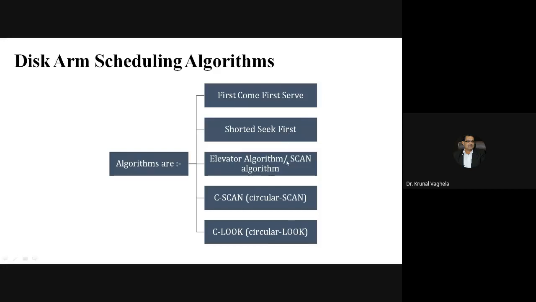Then the elevator algorithm, whose second name is the SCAN algorithm, and we will see two variants of SCAN: C-SCAN, which is circular scan, and C-LOOK, which is circular look. Today we will learn at least three to four algorithms, and we can complete the rest on Thursday. So let's start. When you understand the first algorithm, you will have an idea of what a disk arm scheduling algorithm is.